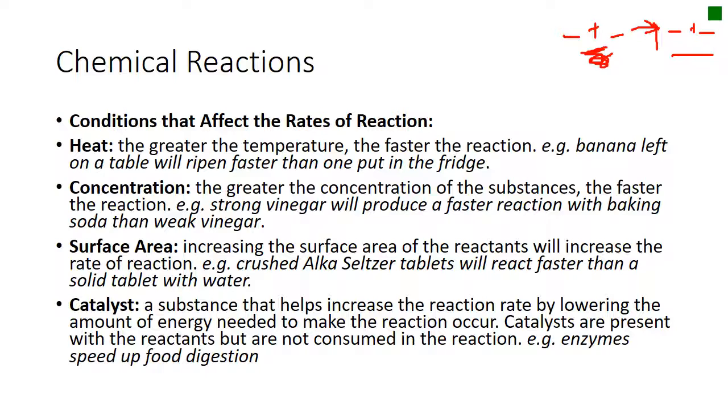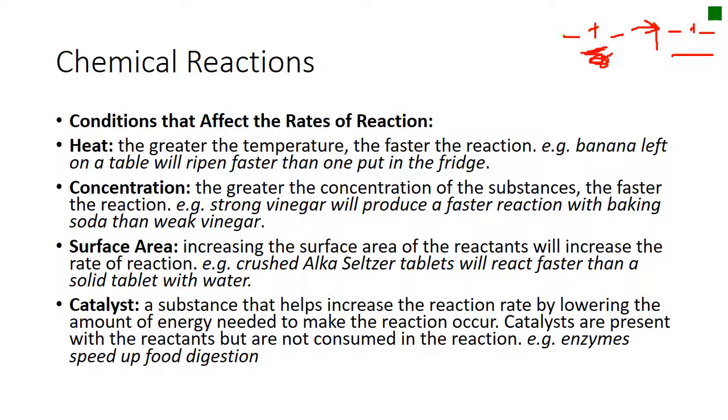Concentration. The greater the concentration of the substances, the faster the reaction. The lower the concentration, the slower the reaction. Surface area. Increasing the surface area of the reactants will increase the rate of reaction. If I take Alka-Seltzer and put it in water, it'll fizz.